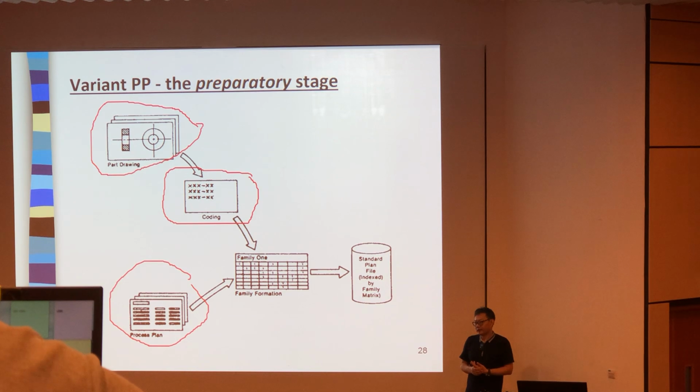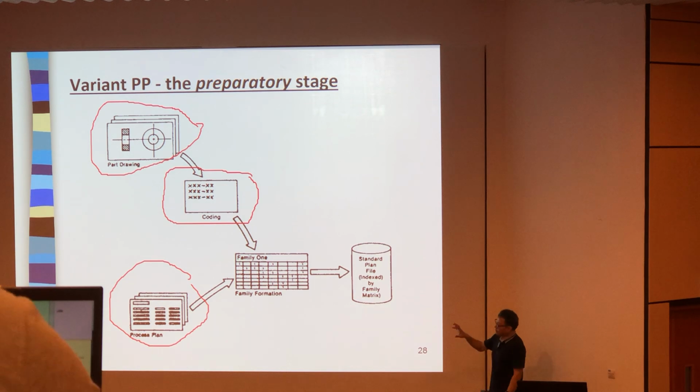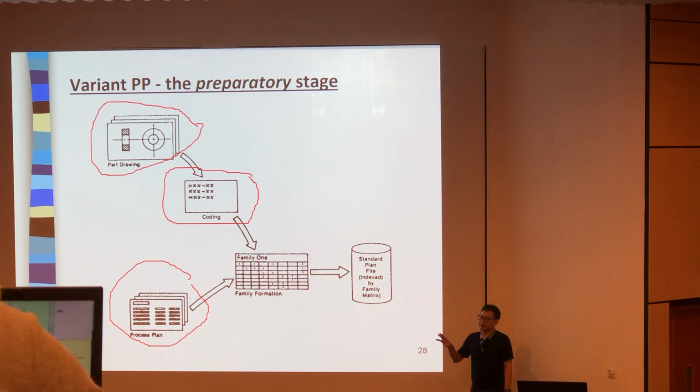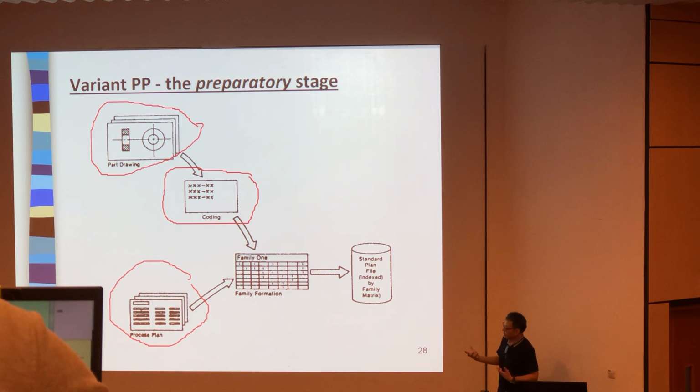So it may not fit 100% to any individual member, but definitely it should cover more than they require. So this part is done. Creating the standard plan is done by human beings, by the developer.